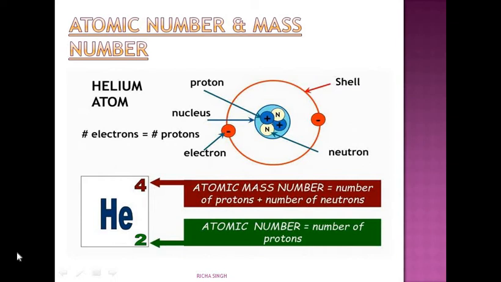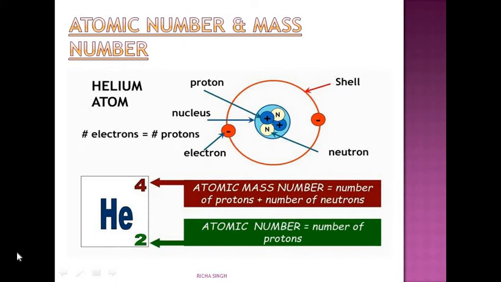It has 2 neutrons, 2 protons and 2 electrons. If we talk about atomic number, it is the number of protons. I am telling you about atomic number only. It is equal to the number of protons, that is 2.